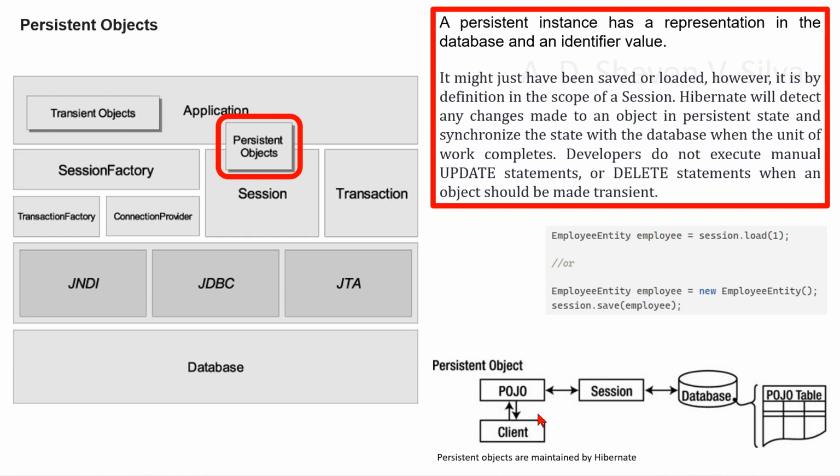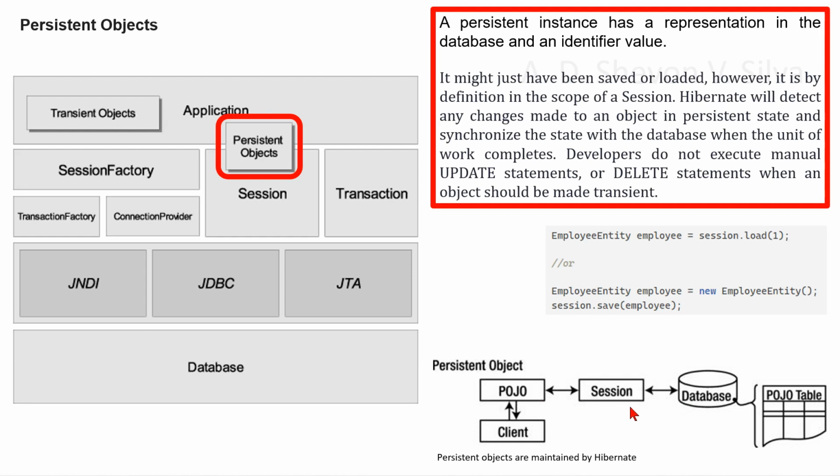A persistent entity is mapped to a specific database row, identified by the ID field. Hibernate's current running session is responsible for tracking all changes done to the managed entity and propagating these changes to a database.